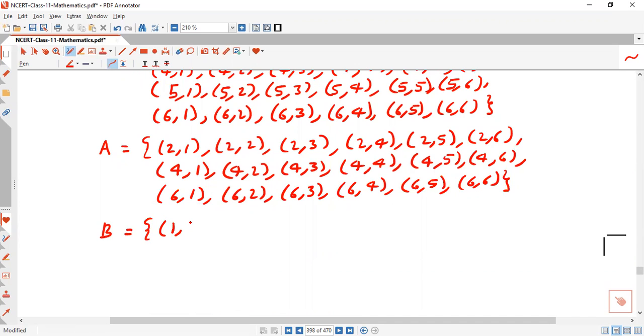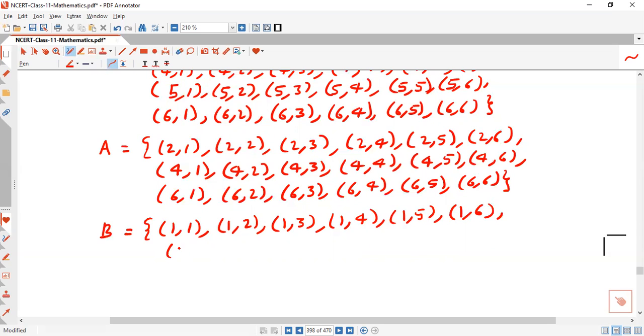Odd number on the first die: 1,1; 1,2; 1,3; 1,4; 1,5; 1,6; 3,1; 3,2; 3,3; 3,4; 3,5; 3,6.